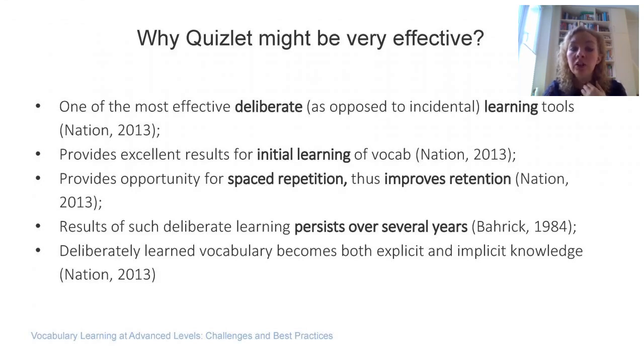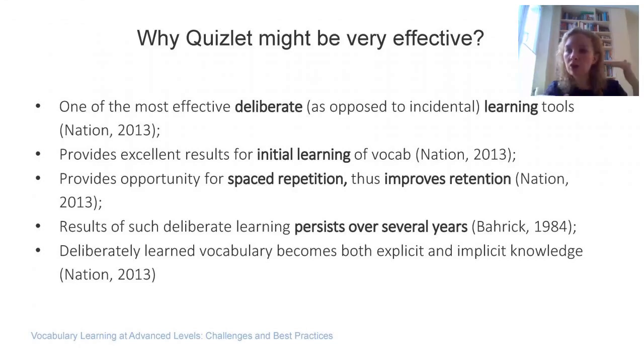Results of such deliberate learning persist over several years. So it's again about retention. You don't forget this word after the lesson is finished or after the course is finished. And deliberately learned vocabulary becomes both explicit and implicit knowledge. There's a huge story of what is explicit and implicit; you can read loads of books on that.